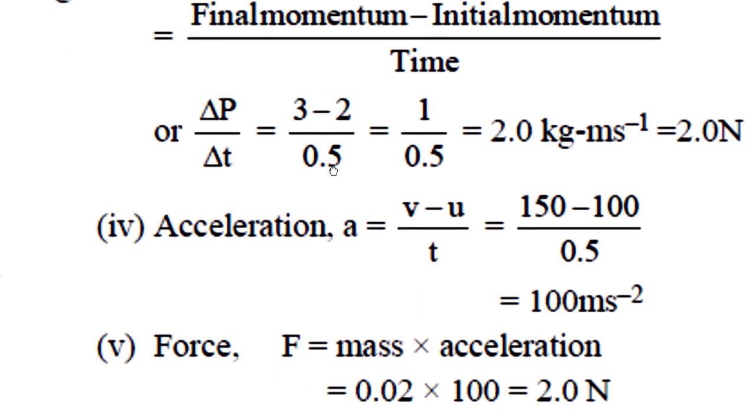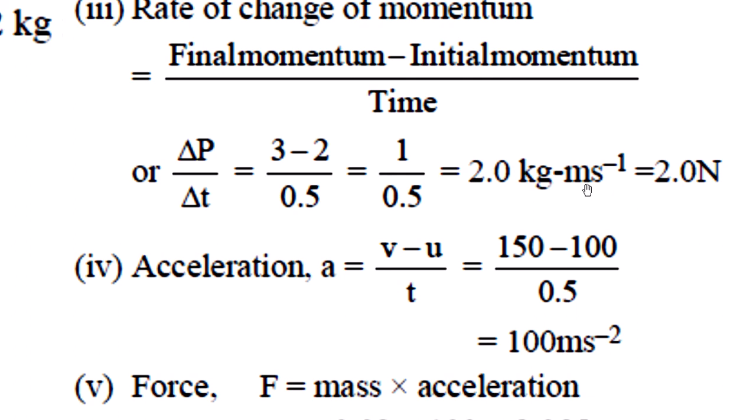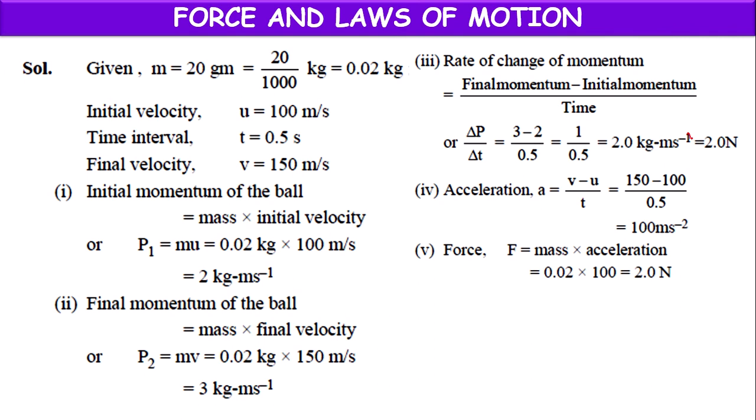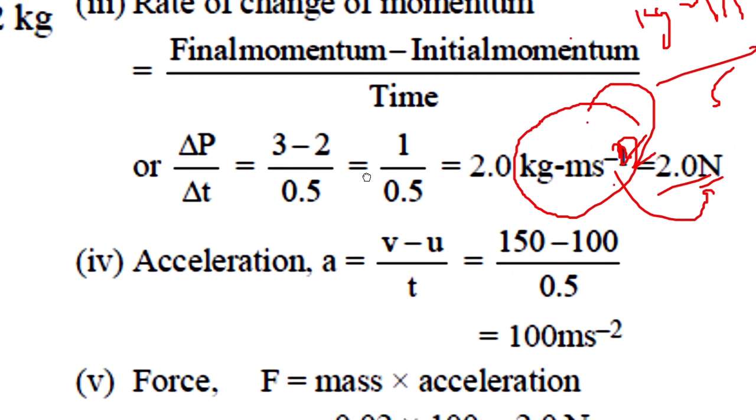So (3 - 2)/0.5 = 1/0.5, which is equal to 2.0 kg meter per second square, children. Because momentum is kg meter per second, kg meter per second divided by second is kg meter per second square. And the special name for kg meter per second square is newton. So 2 newtons is the answer for rate of change of momentum.